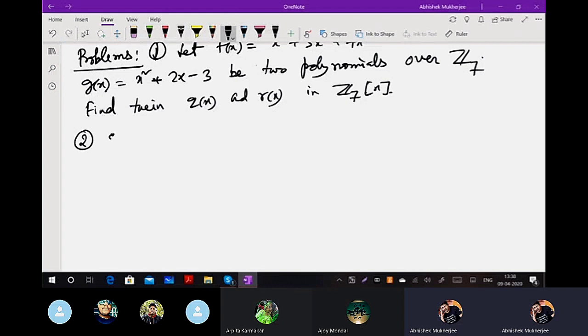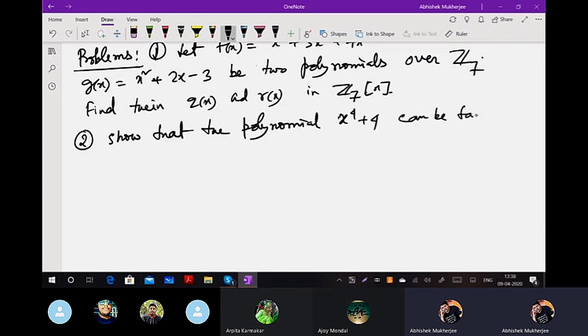Another problem is to show that the polynomial x^4 + 4 can be factored into linear factors in the ring Z5[x].